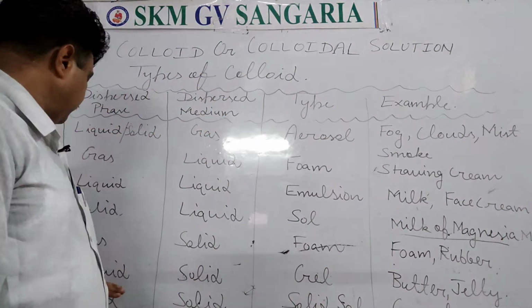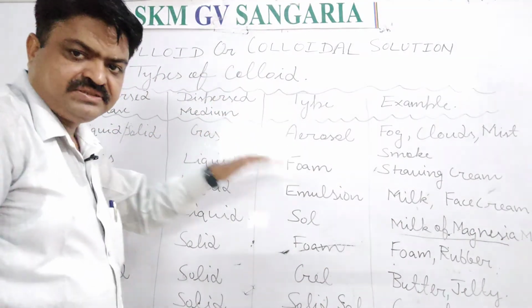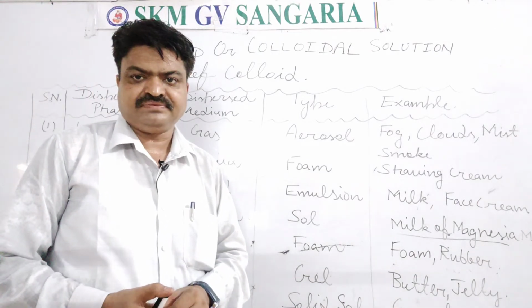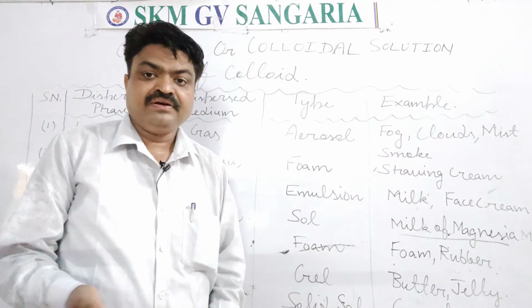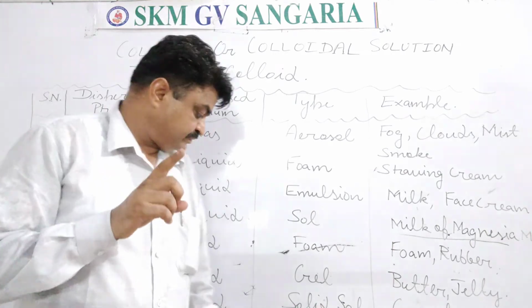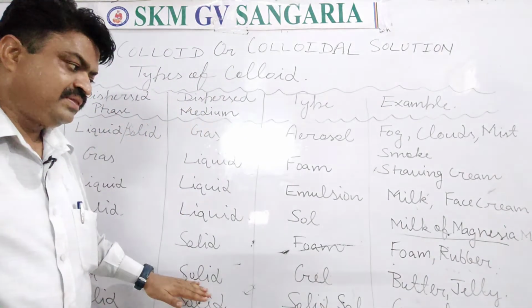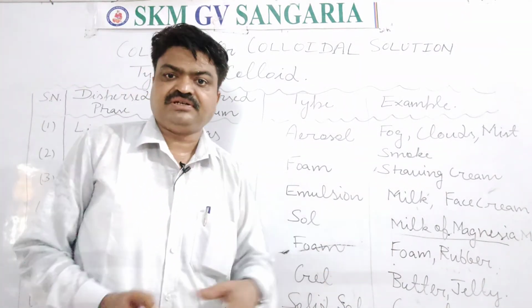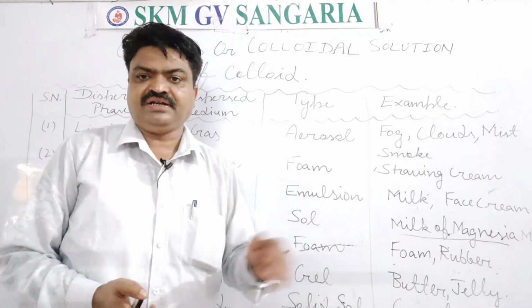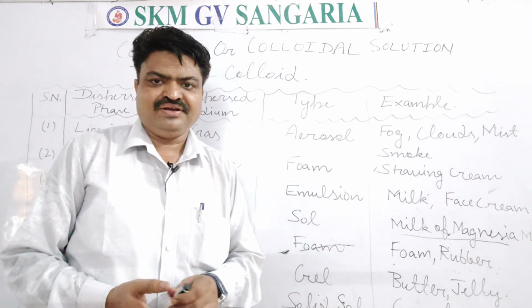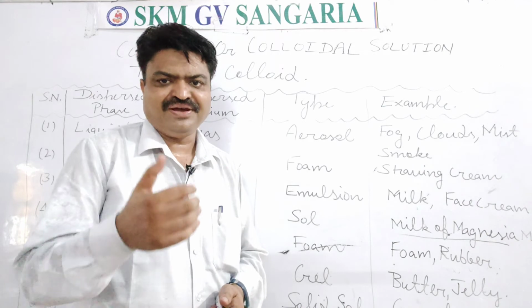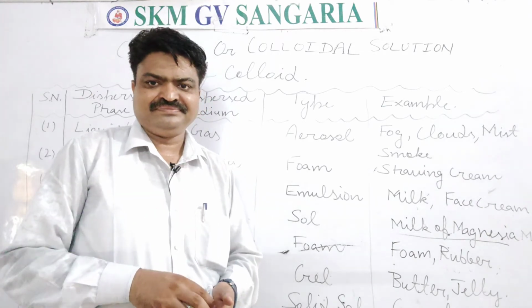Next is, when liquid particles are dispersed into a solid medium, then the composition or mixture that we get is known as gel. And I know that gel is your favorite food, jelly.